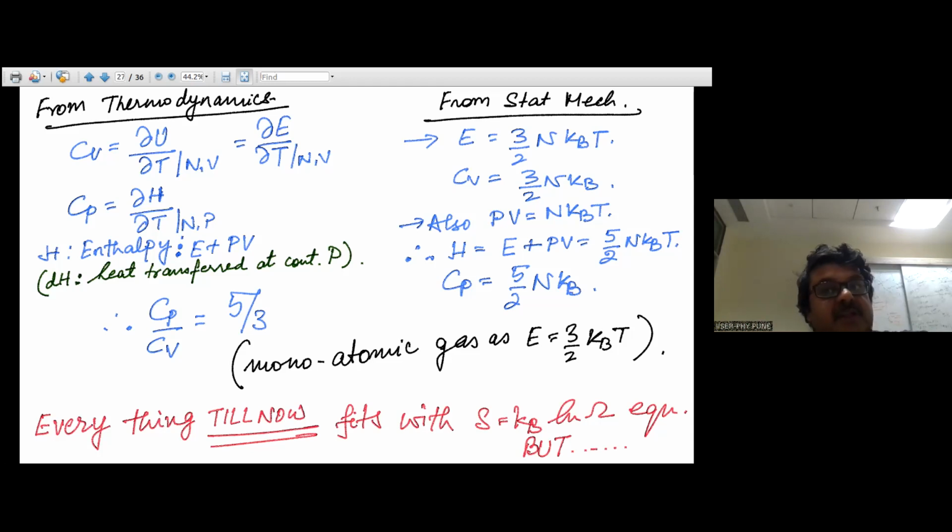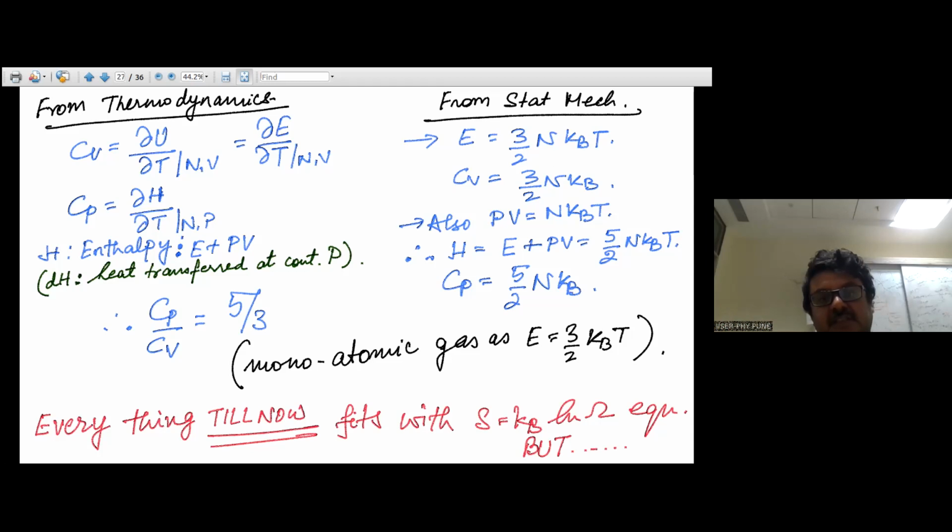And we can get out the expression of T. I mean, T is basically E by this 3 by 2 nkB. So that's how we get it. So it's a derived quantity, right? You don't fix it. You fix your volume, you fix your energy, you fix your number of particles.